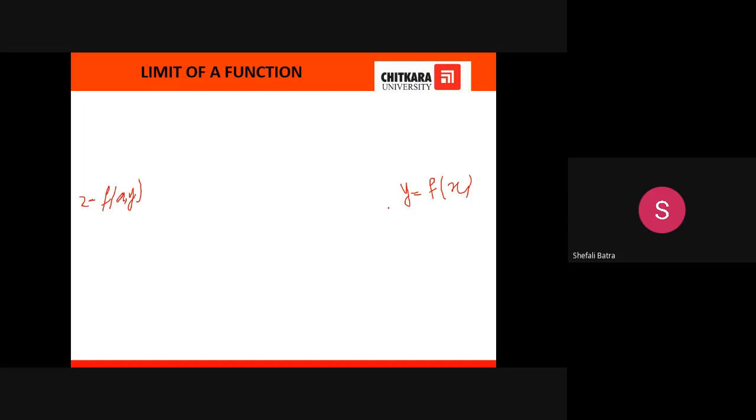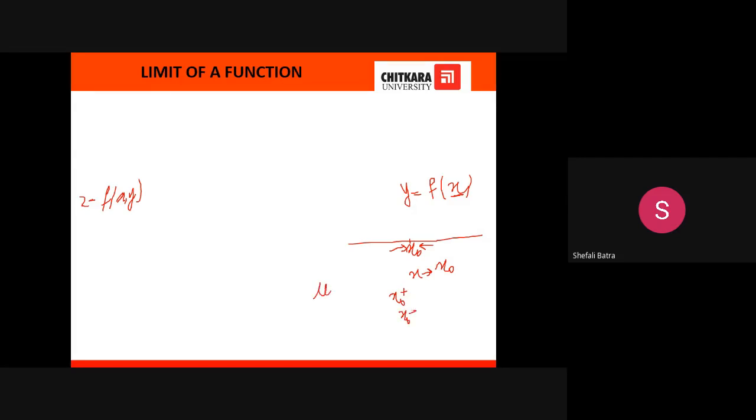See, in this function, your domain is the x-axis. Now, I'm saying that x approaches a point, let's say x naught. I need to approach x naught. So, how do I approach? I can approach either this way or this way. So, what will we do? We find the left hand limit and then the right hand limit.